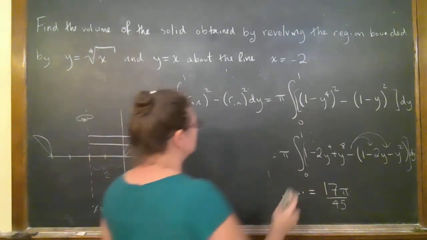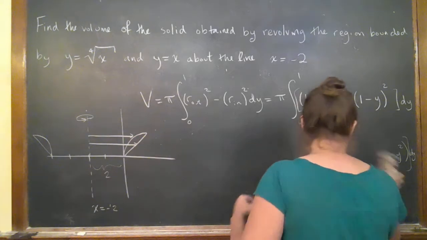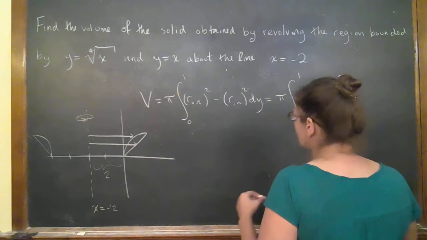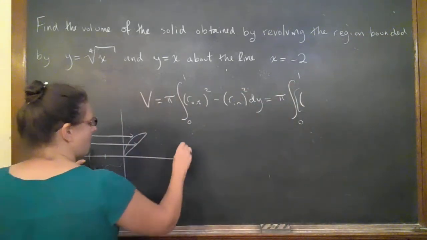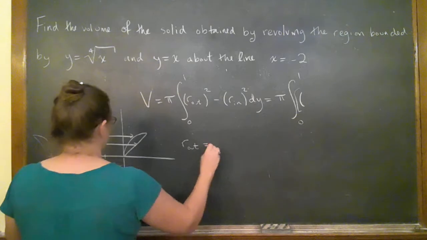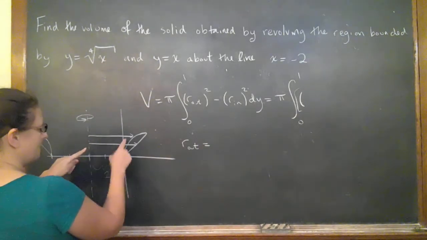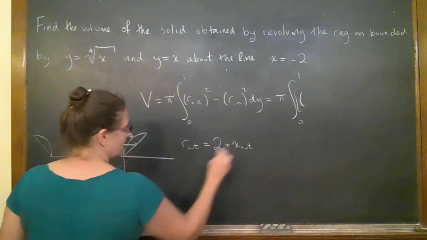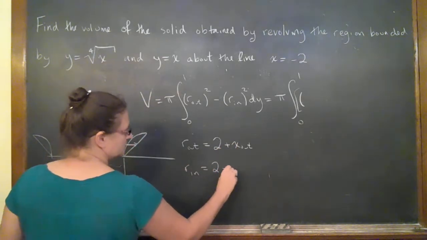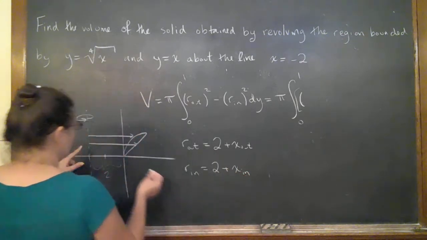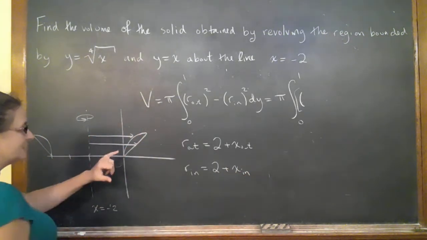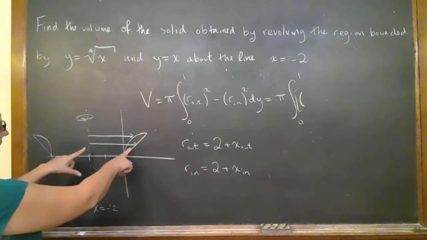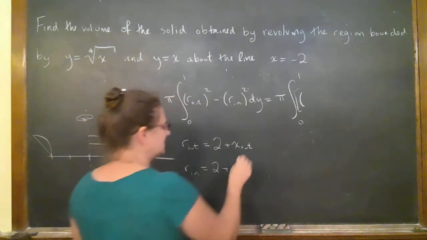So if I want to switch that up, my outer radius is going to be 2 plus x, and my inner radius is also going to be 2 plus x, but x inner. And the other thing that's happened is, because we're going the other way, they've swapped. So the outer one is now the y equals x.